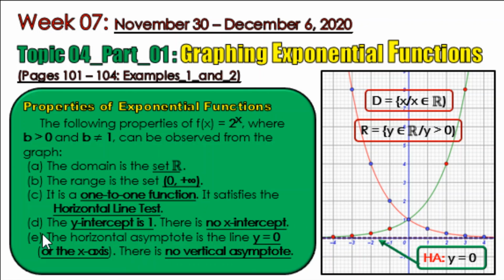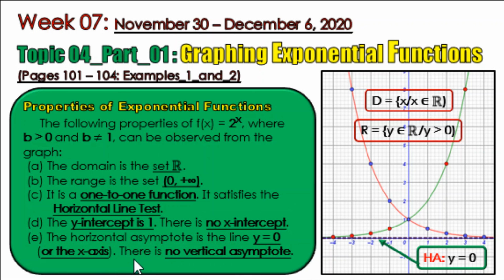And the last one, the horizontal asymptote, is the line y is equal to 0, or the x-axis. This is the line being approached by the two graphs, but these graphs will never intersect this line, and this line is what we call the horizontal asymptote.